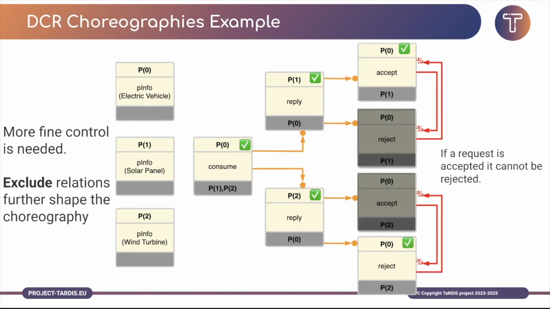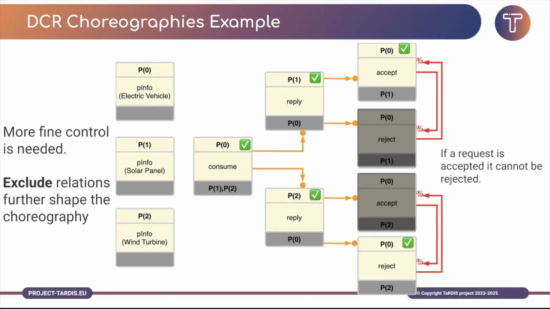We also include other kinds of control flow relations between events, and this red arrow represents an exclusion of an event, an explicit exclusion of an event from the choreography. An excluded event is no longer enabled. In this case, if P0 sends an accept message to P1, then it excludes the reject event from the choreography.